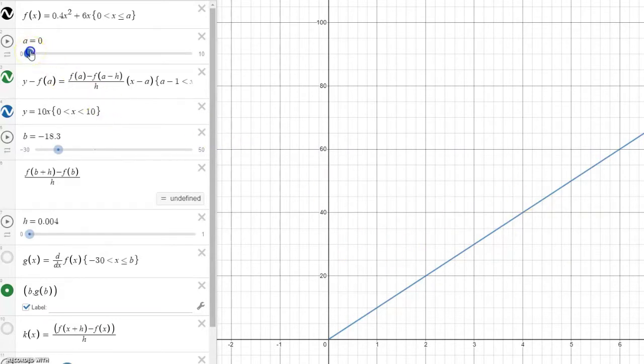So here we go. As we see, initially the slope, or the rate of change of the curve, is a little less than that blue average rate of change of 10 meters per second.